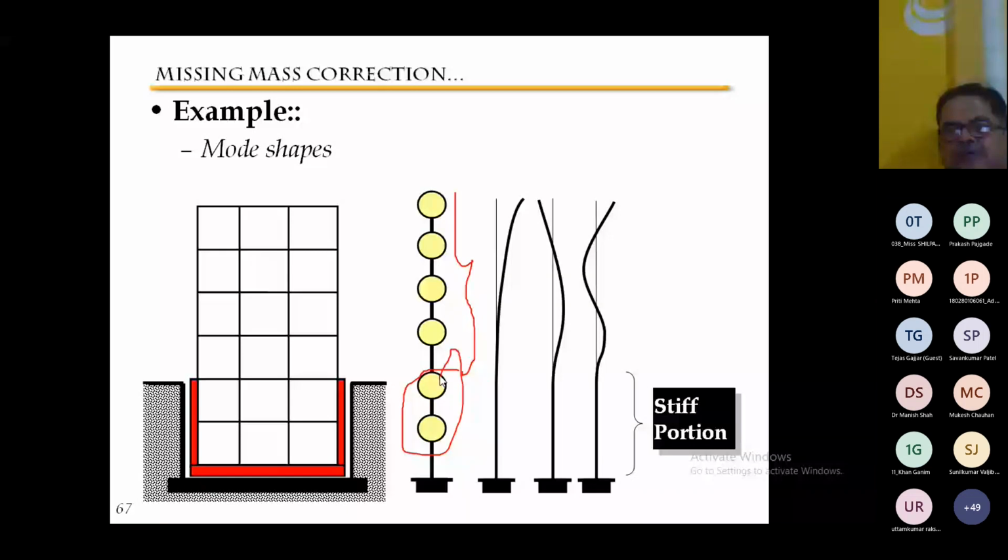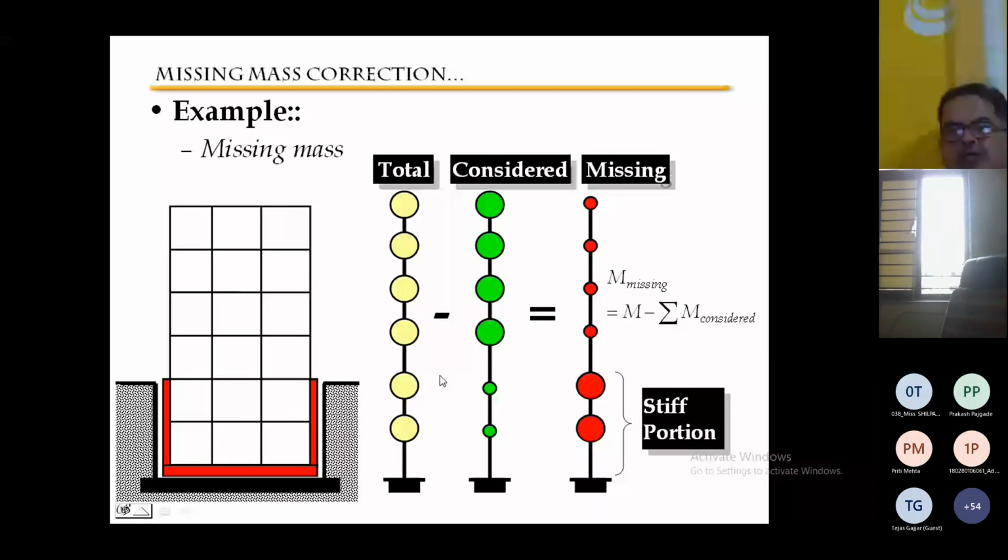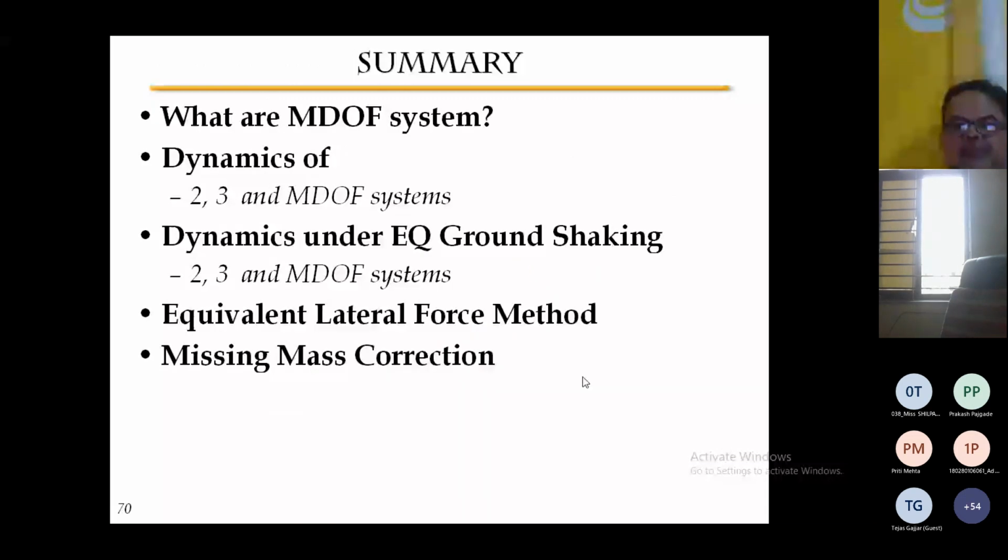Basically the top portion is considered, and when we analyze for the first time we consider only this much, and the lower mass is missing. So we take this missing mass under consideration, and then we apply the PGA and analyze. That is the missing mass correction.